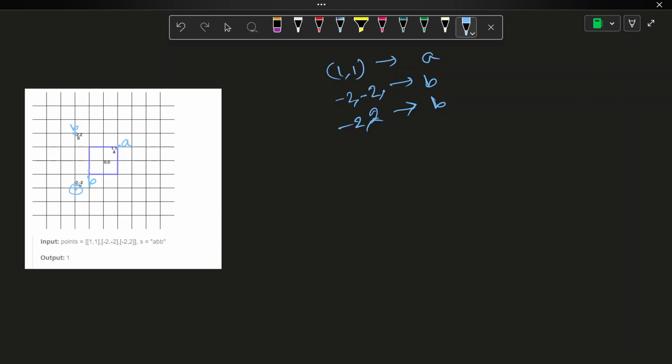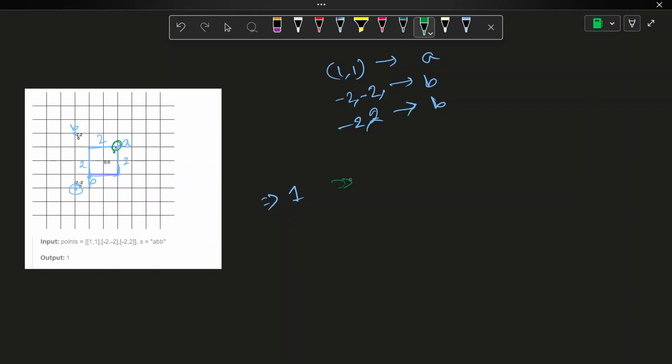Suppose our square length is 1. First I have to check for 1. So for length 1, this is 1 and this is 1, so the side is 2 actually. For this square, only one point is eligible, only the point (1, 1) is taken.